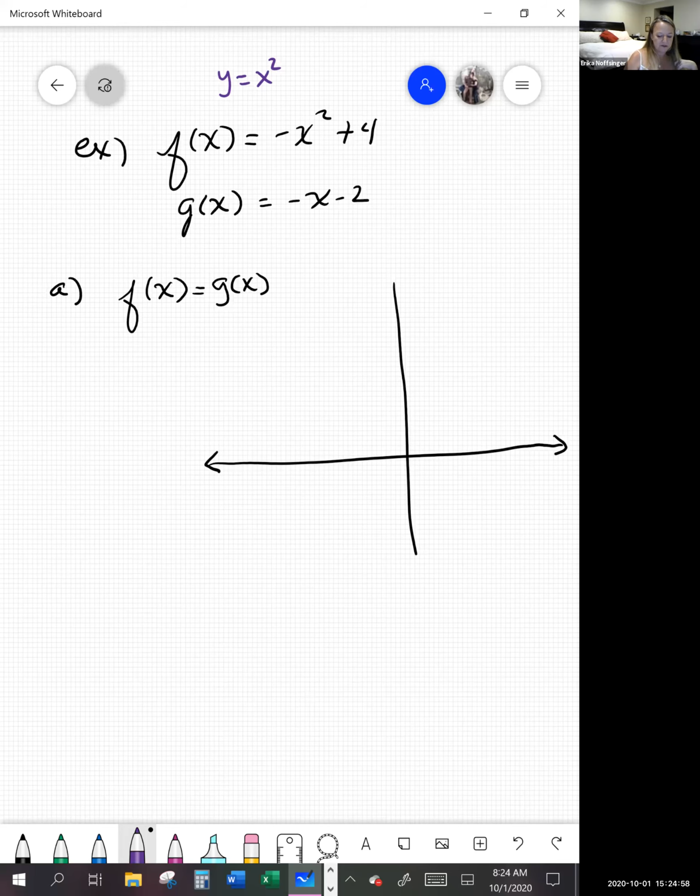Then we do reflection, and this minus sign is in front of the x, so it's changing my x values. So it's a reflection across the y-axis, which doesn't really mean anything in our case. And this is shifted up 4. So that vertex that was here is going to be shifted up 4.